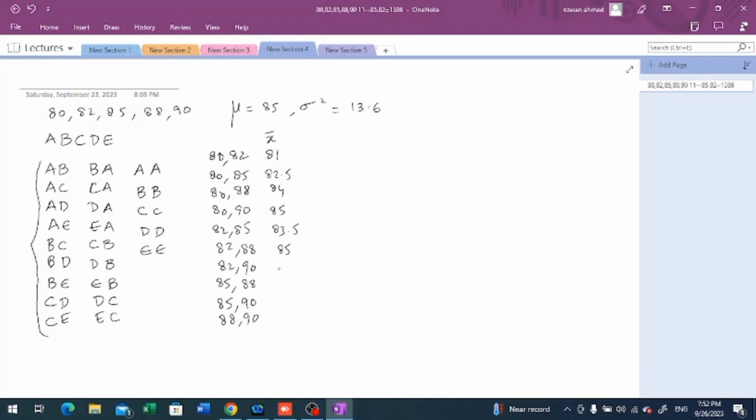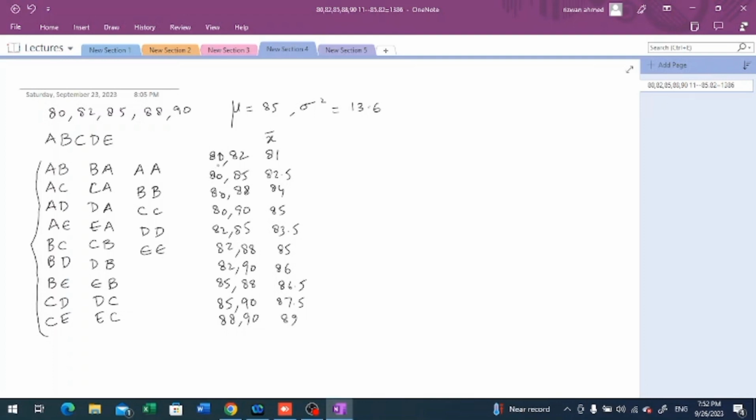Then this would be 86, then 86.5, then 87.5, and then 89. The same samples we can get in the opposite, reverse order. So order doesn't matter as far as the mean value is concerned.